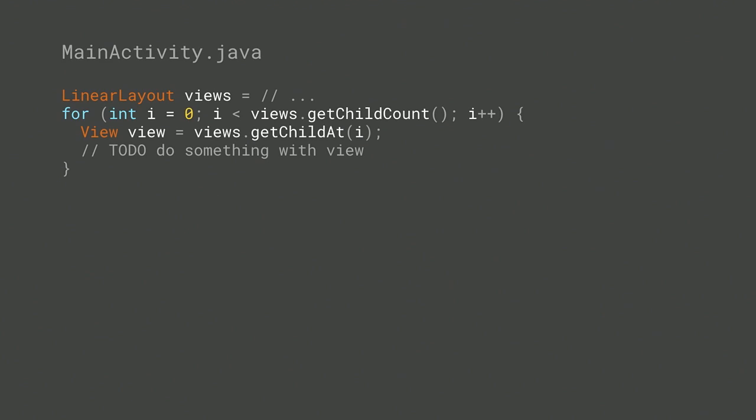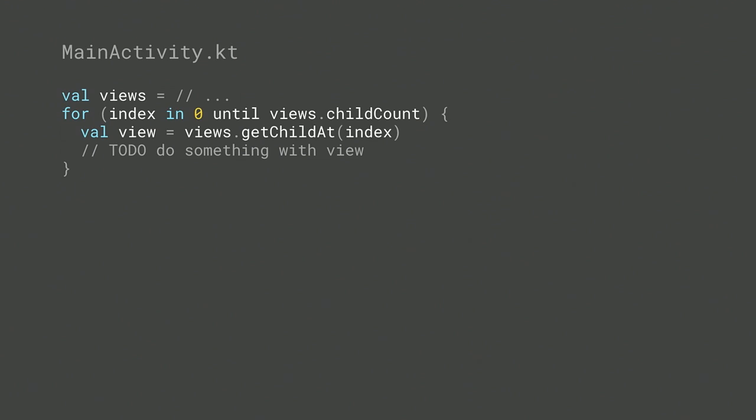OK, so here's some sample code that illustrates when you need to perform some operation over the children inside of a view group. View group is very similar to a collection, but it doesn't have any of the niceties of collections, like being able to use a for each loop. If we rewrite this in Kotlin, we get much more declarative syntax.